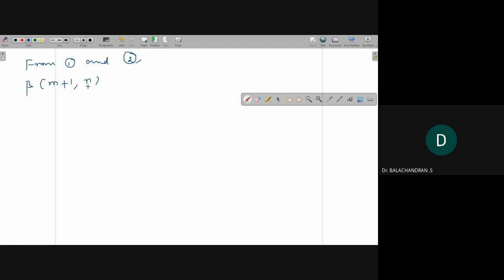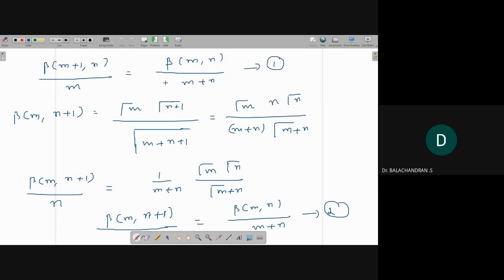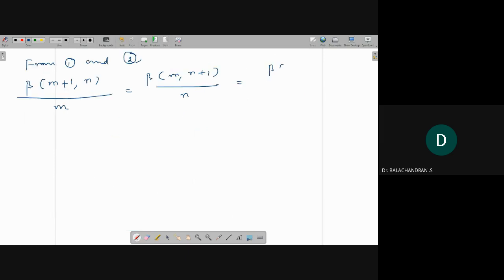Beta of m plus 1 comma n by m is equal to beta of m comma n plus 1 by n is equal to beta of m comma n divided by m plus n. This is the required final answer.